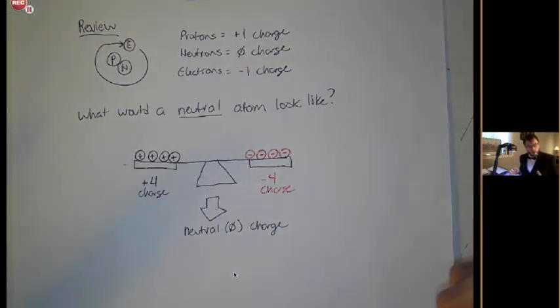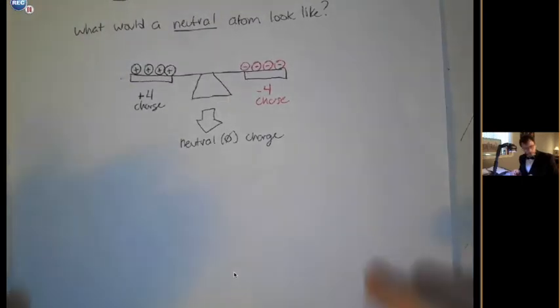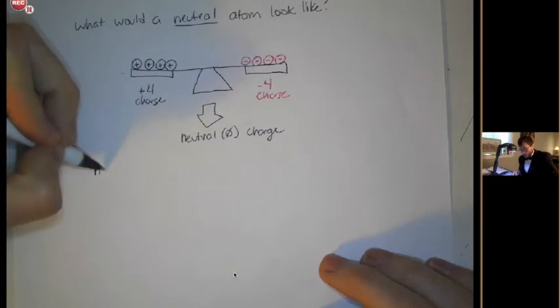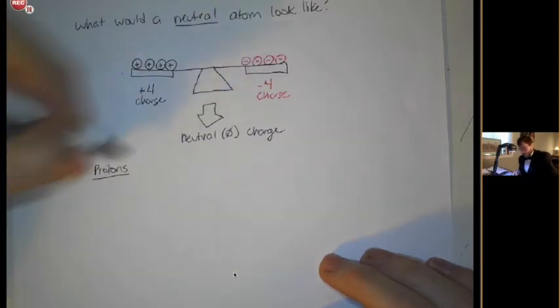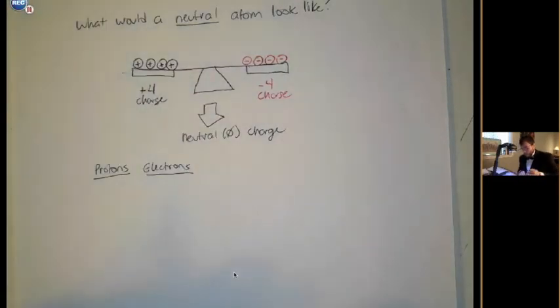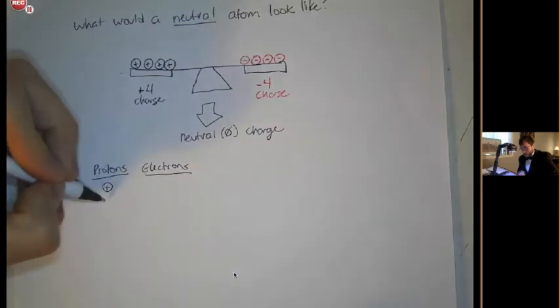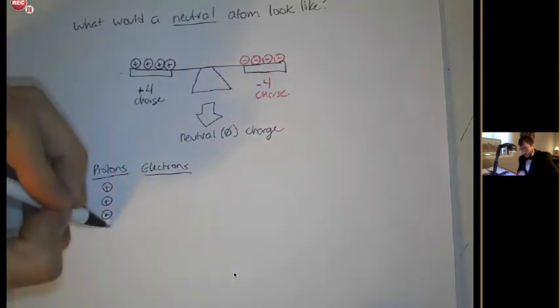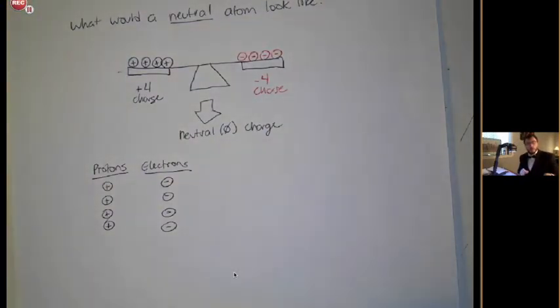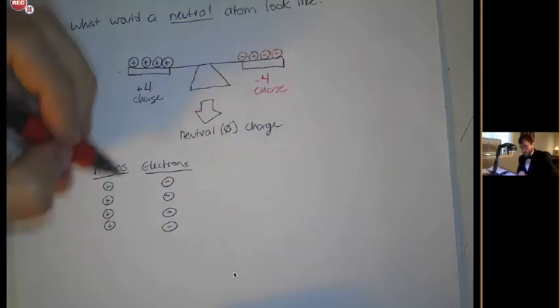Hopefully this whole idea should make good sense to you. I think it's fairly intuitive. Now, what we're kind of doing on the inside of our brains here is comparing the number of protons to the number of electrons. The idea is that if we have 4 protons and 4 electrons, each proton and electron will cancel the other out.